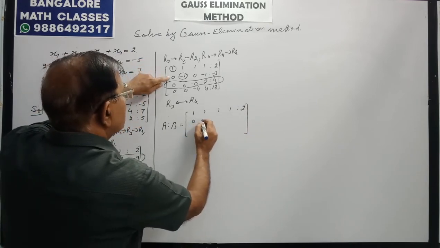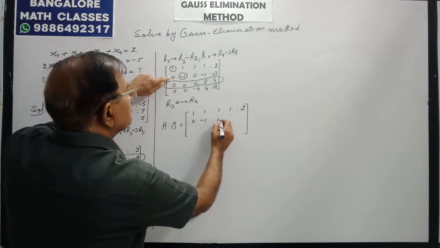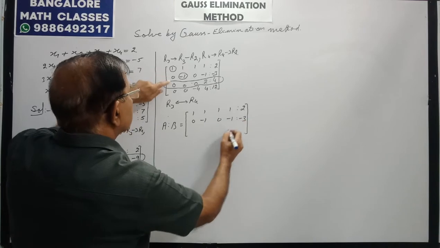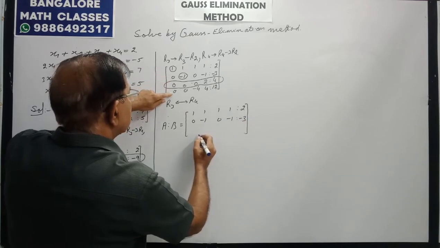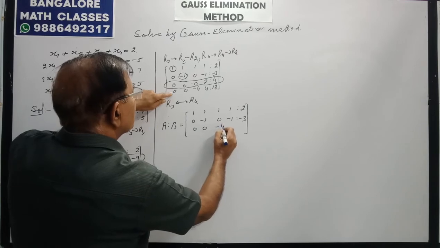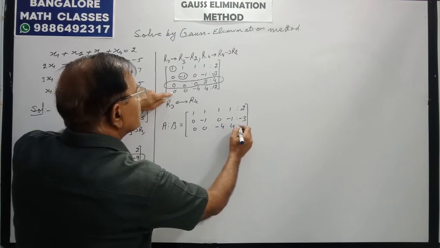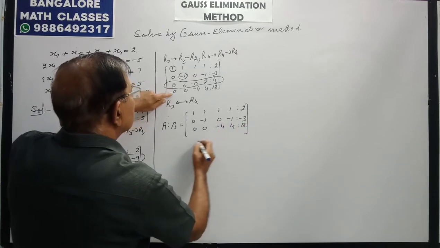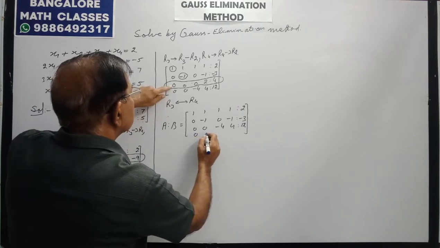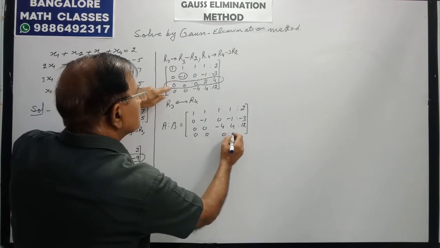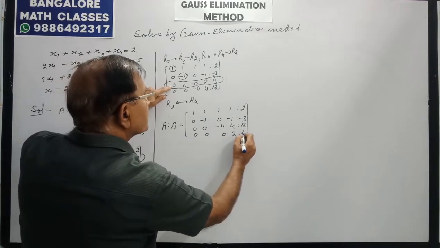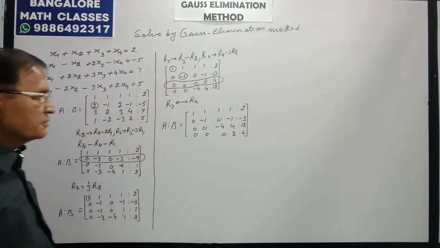Zero, minus 1, 0, minus 1, minus 3. Then R3 to R4: 0, 0, minus 4, 4, 12. Then 0, 0, 0, 2, 4. This is what we will get.